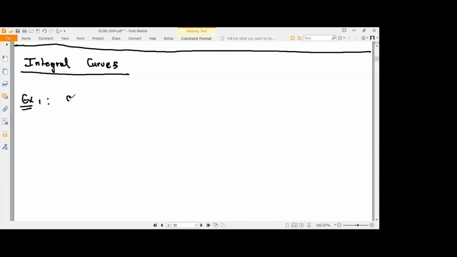Given dy by dx is equal to 2 over x plus 1, and the curve passes through the point (1, 2), what you want to do is find the equation of the integral curve. Ready?